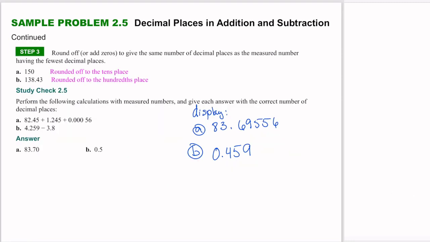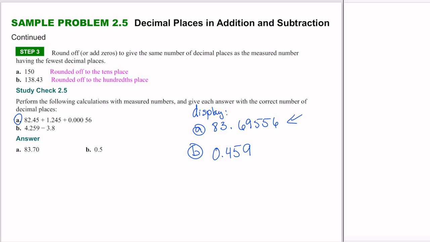Let's work a few more examples. A, down here in study check 2.5, asks us to add 82.45 plus 1.245 plus 0.00056. When we put these numbers into the calculator, we observe the calculator display is 83.69556.